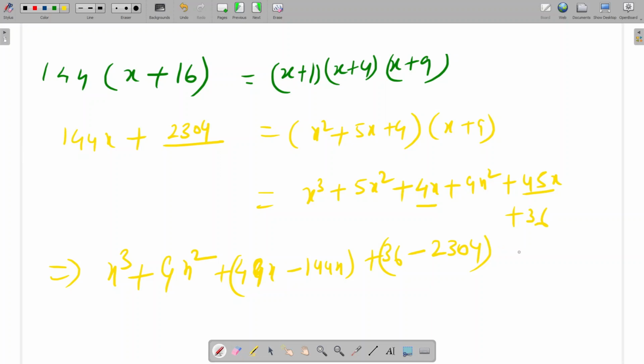This will be the cubic equation. 49 minus 144 is minus 95. So x cube plus 9x square minus 95x, and 36 minus 2304 is minus 2268.